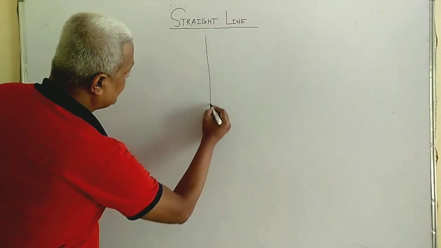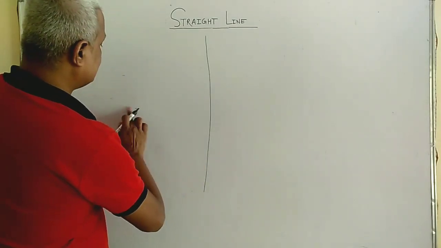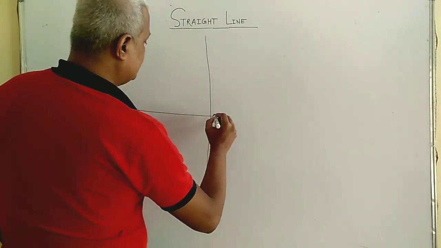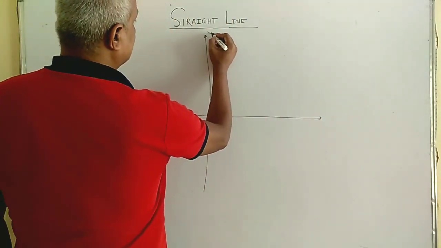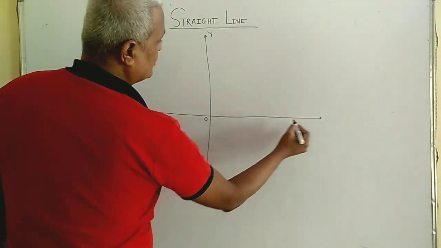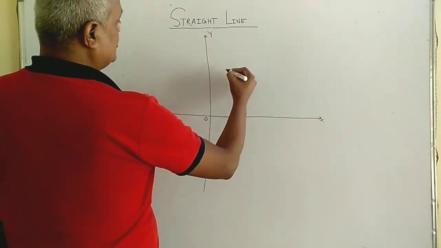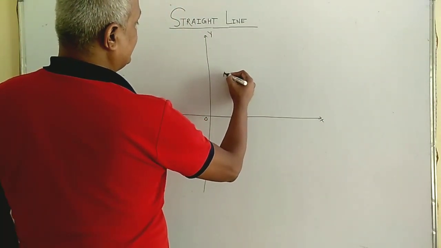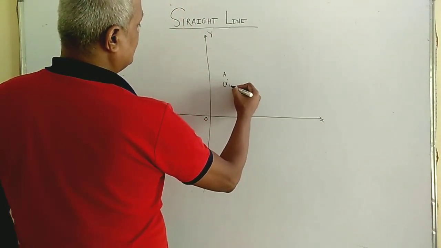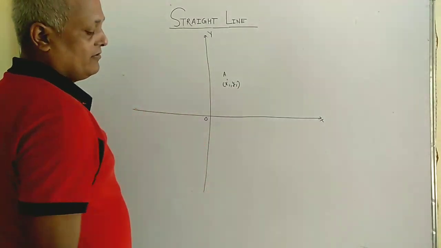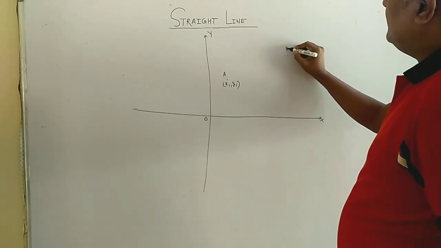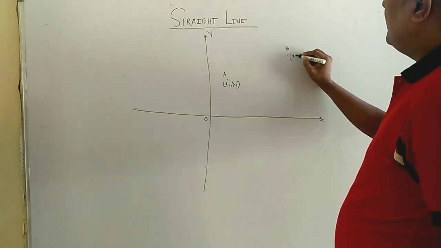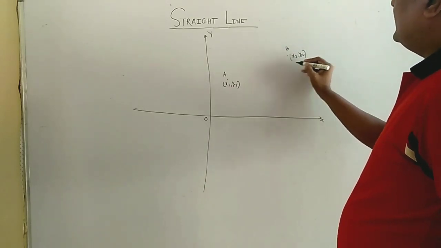So this is my y-axis and this is my x-axis. This is y, this is origin, this is x. So suppose this is a point A with the coordinate x1, y1, and this is the point B with the coordinate x2, y2.